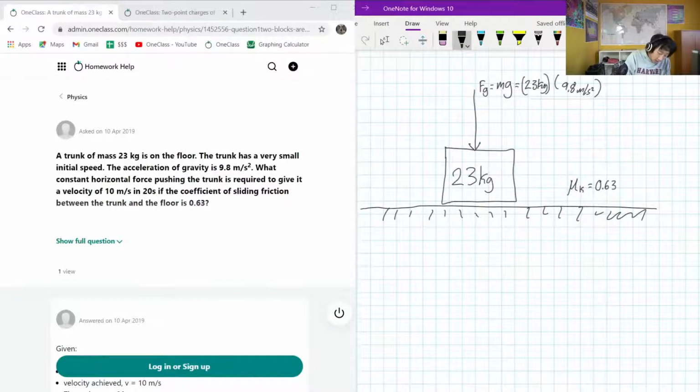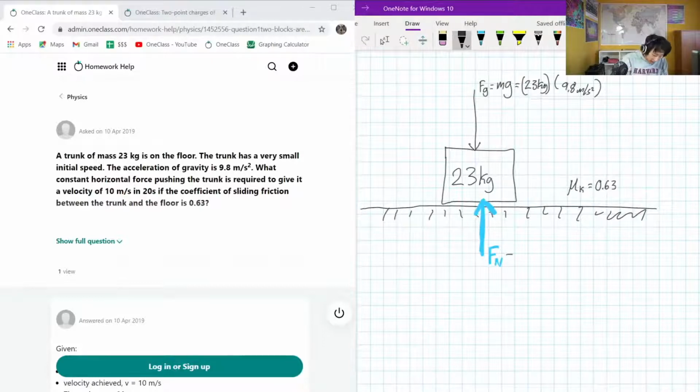And we're also going to have a normal force. I'll draw it in blue so it's a little bit more clear. Now, the reason we have a normal force is because, well, the trunk is not sinking through the ground. So the ground itself is providing a force that counteracts the gravity.